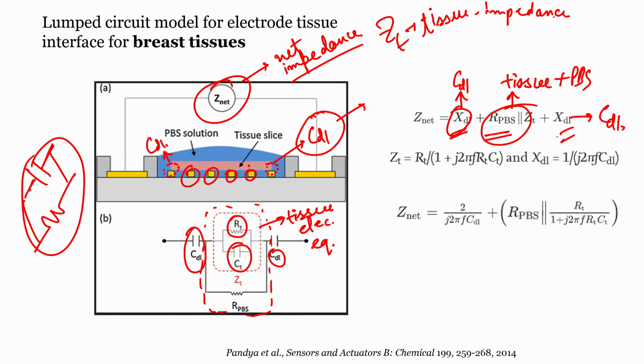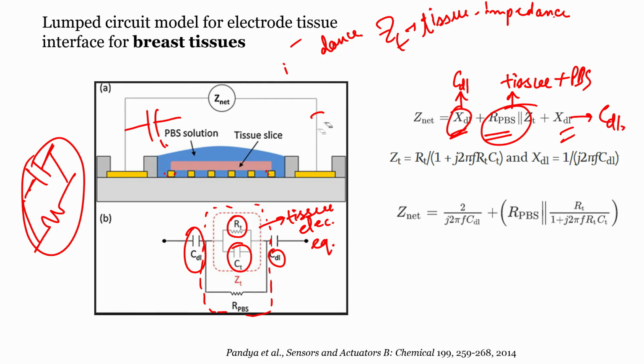And then again there will be another XDL because tissue is contacted by the electrode on two sides. This is one side, this is another side. So if I were to draw the resistor capacitor combination here, it would look something like this. Just for your better understanding, you will have a resistor and a capacitor parallel combination.